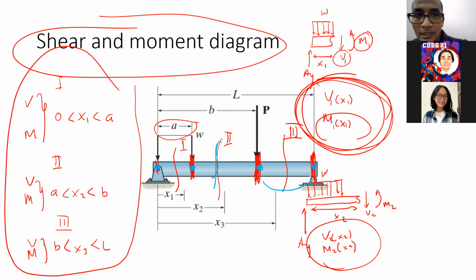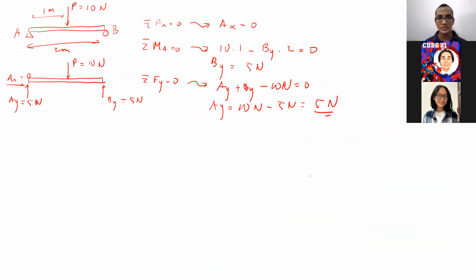So the first thing that we're supposed to do before we do the cutting is determine how many cuts we need for this particular beam, in order to create a continuous equation for a certain region. In this case, Naila, where are we supposed to put the cut? How many cuts do we need?